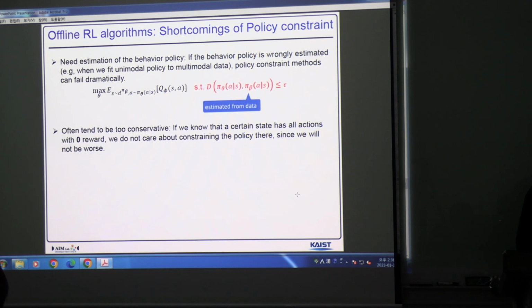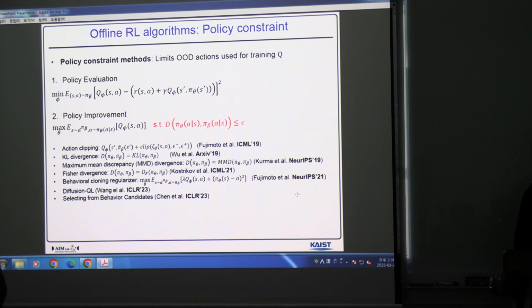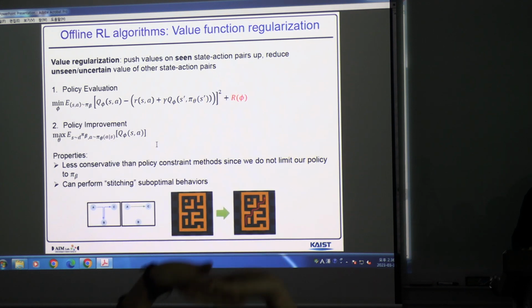In the policy constraint, the general idea is that we design some regularizer during this step, and in the value regularization we also design some regularizer here to regularize the Q function.